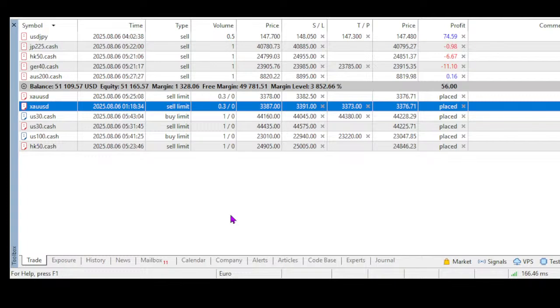So now, looking at this, we are trying to key in these orders, but of course, I'm not suggesting you key in all the orders. Try to concentrate on the orders which you can do and which you can focus on, which you are trading.